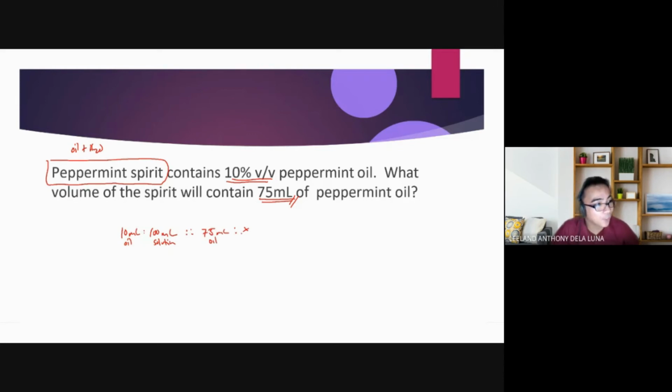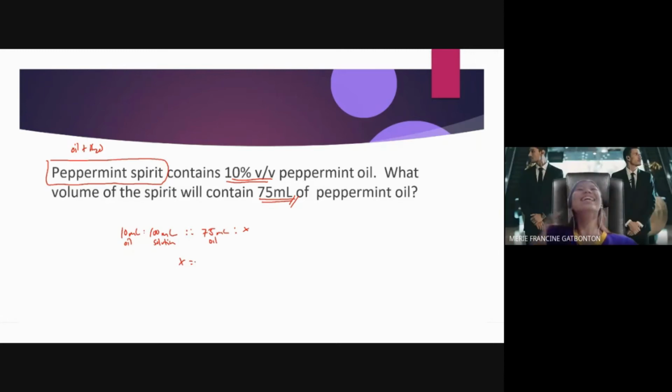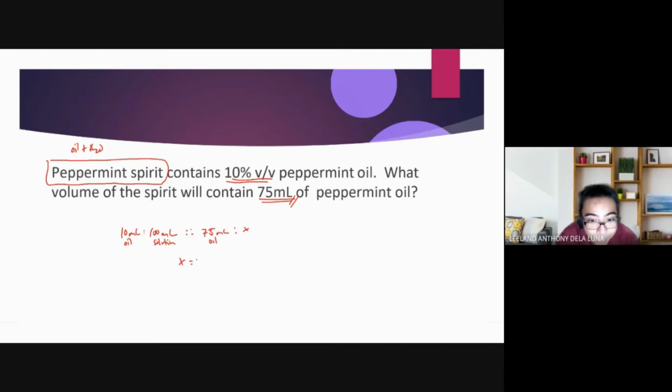Okay, yun yung katanungan. Therefore, X equals 75 times 100 over 10, which is 750 ml solution. Yung spirit.